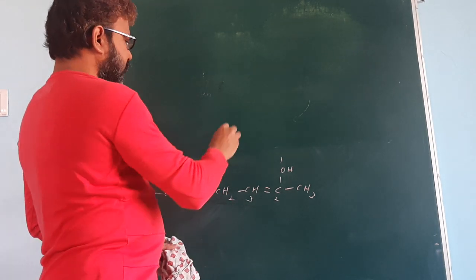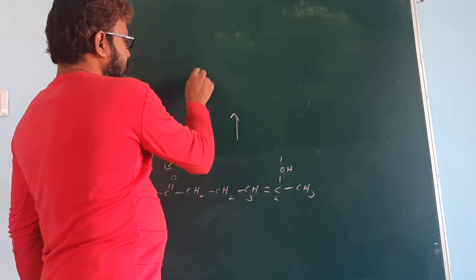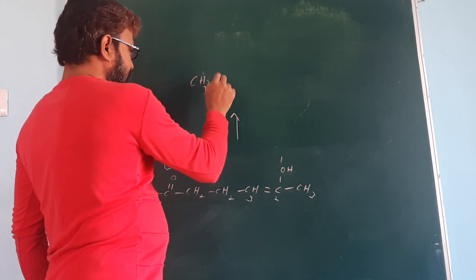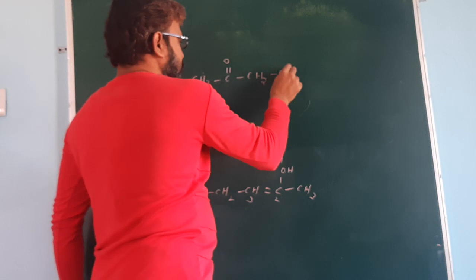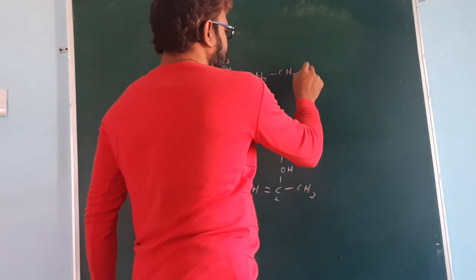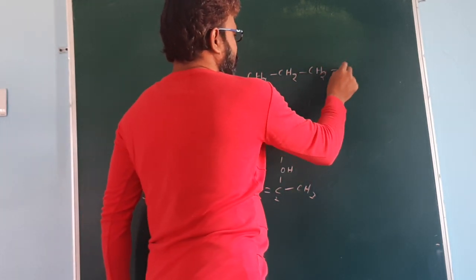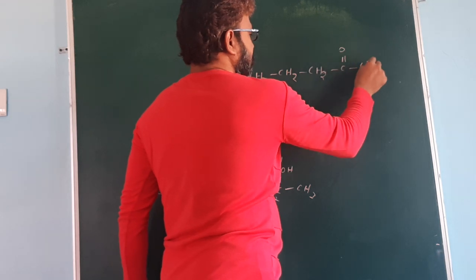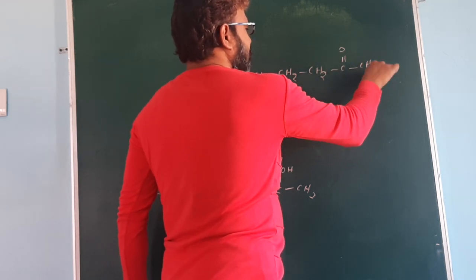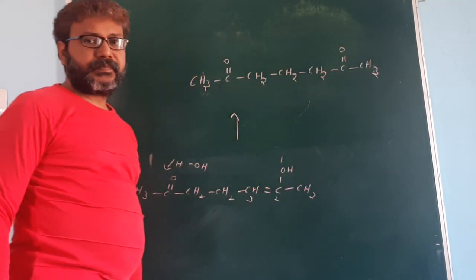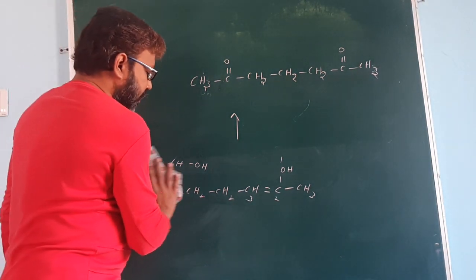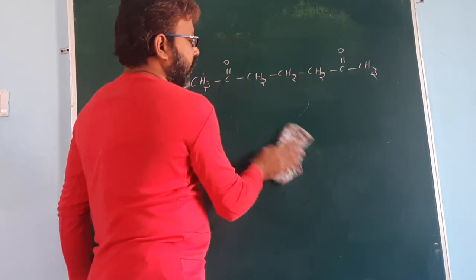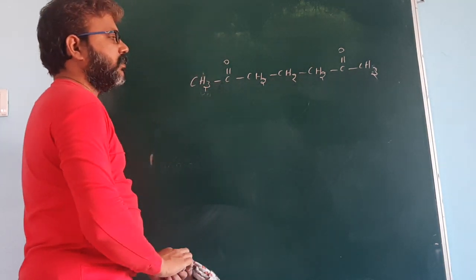You get this product: CH3 C double bond O CH2 CH2 CH2 C double bond O CH3. So it is a retrosynthesis. Okay, so the reaction takes place in presence of basic medium. It further involves aldol condensation.